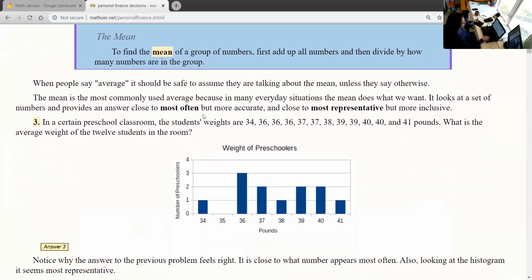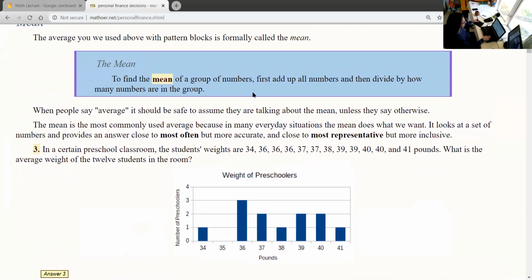So the mean is commonly used because in most everyday situations, it does what we want. It tells us an answer that's close to what's most often, and it says what's most representative in a way that's meaningful and inclusive.